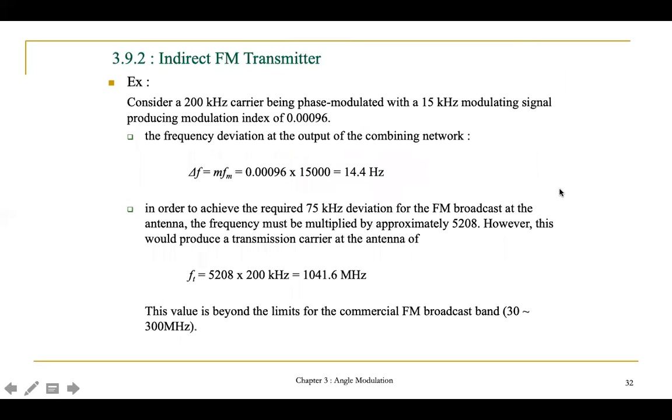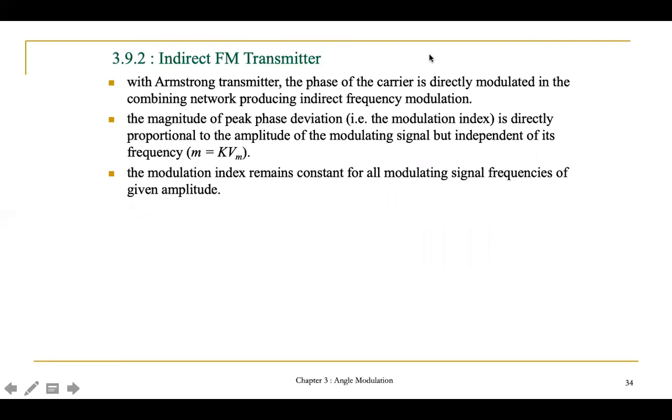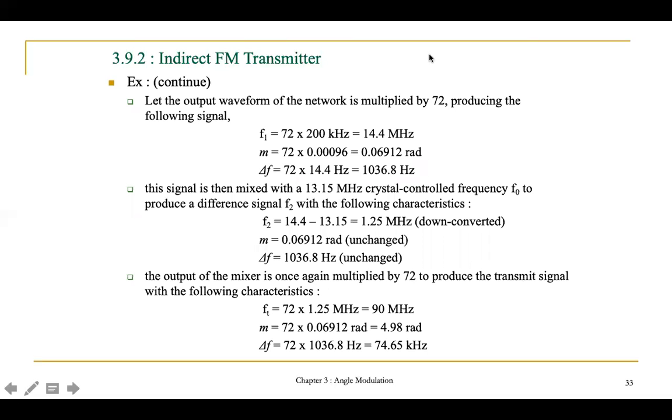Okay. So now let's calculate. Let the output waveform of the network be multiplied by 72. So this is the first multiplier, 72. Your f will become 72 multiplied by 200 kilohertz, which is 14.4 megahertz.